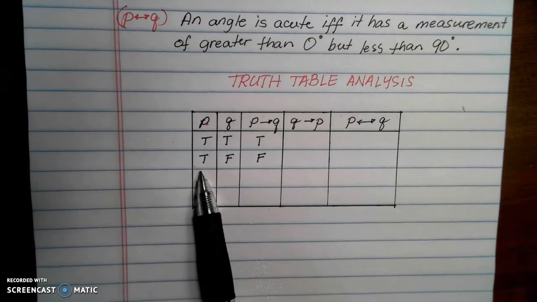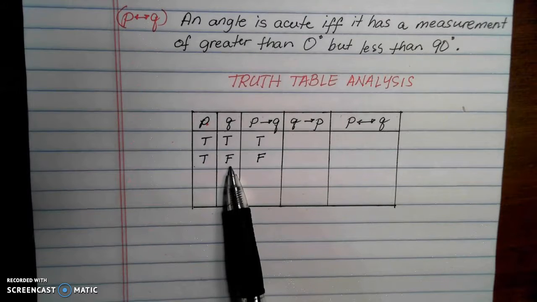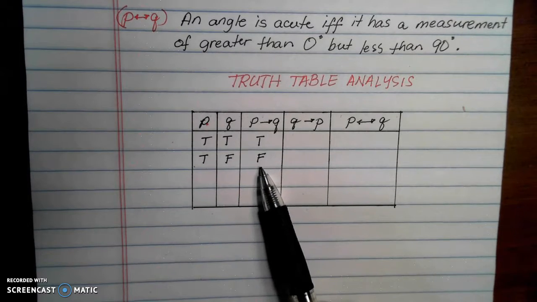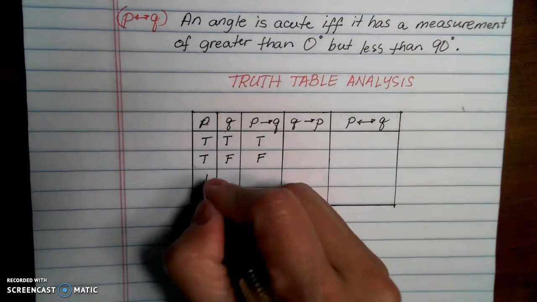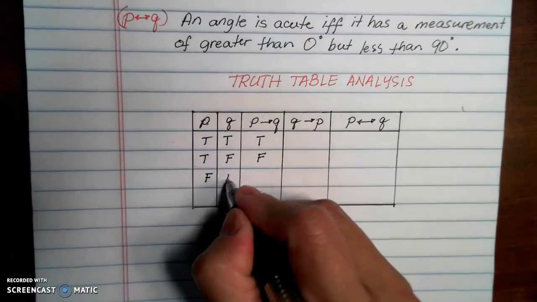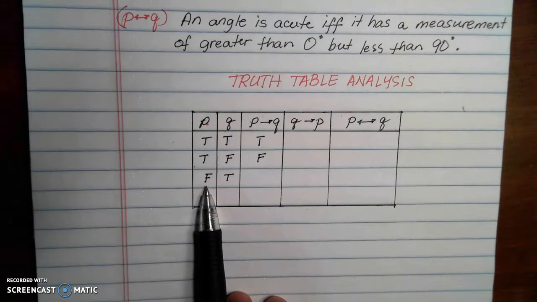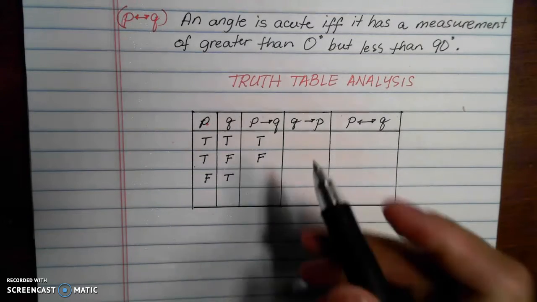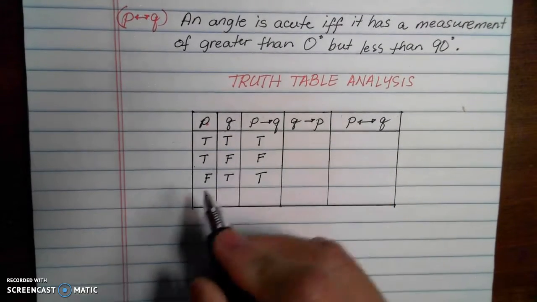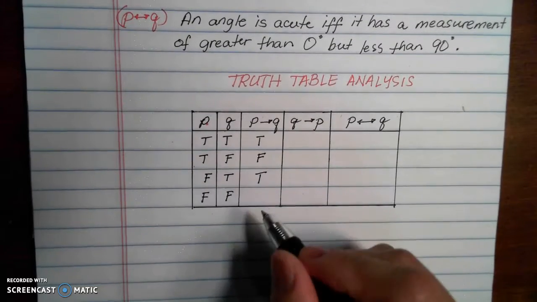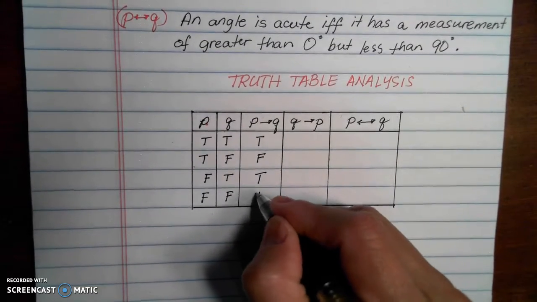If P is true and Q is false, the conditional statement P then Q will turn out to be false. If P is false and Q is true, we said from the very beginning that if your hypothesis is false, the statement becomes true. So if this is false and this is false, your whole statement still becomes a true statement.